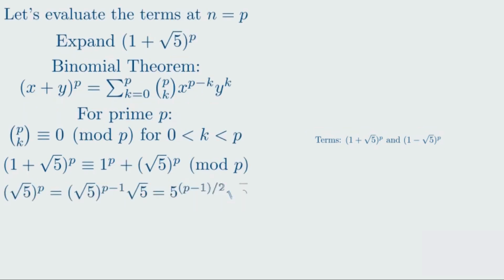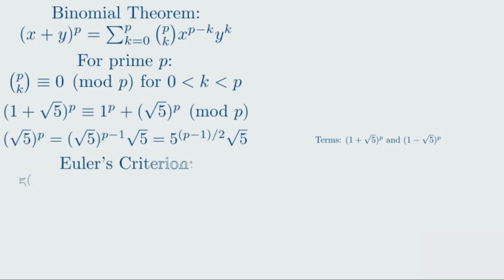Since p is an odd prime, we can rewrite the square root of 5 to the p as 5 to the power of p minus 1 over 2 times the square root of 5. Now, we apply Euler's criterion. This states that 5 to the power of p minus 1 over 2 is congruent to the Legendre symbol 5 over p, which we called epsilon.